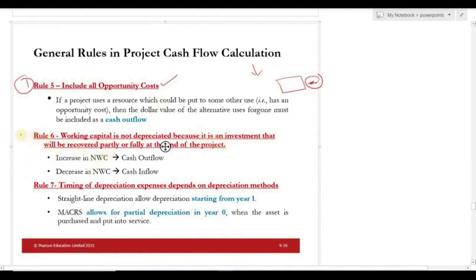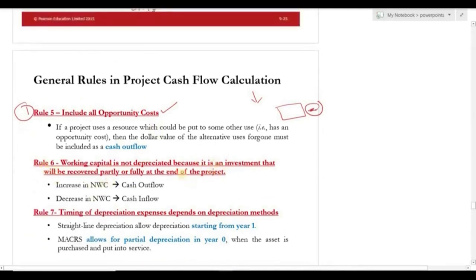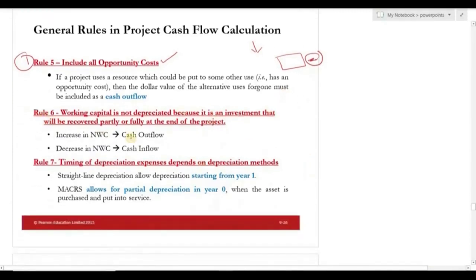Of course, working capital is an additional current asset, not a long-term asset, so that's why depreciation is not being applied. It will be recovered at the end of the project. So an increase in net working capital is an outflow and a decrease is an inflow.